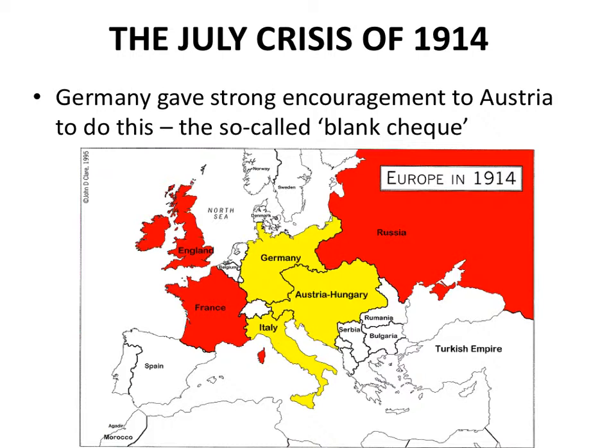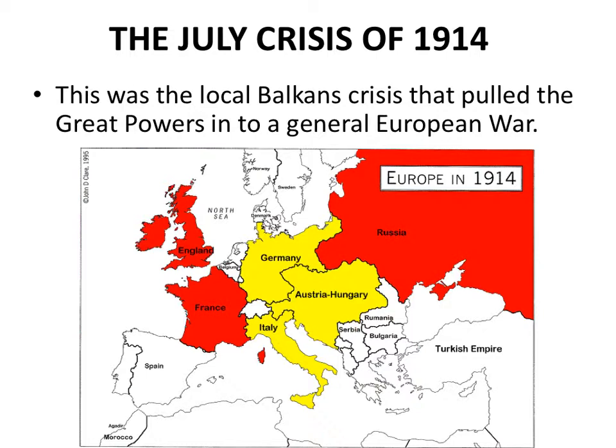The Austrians basically thought that if they went to war against Serbia, they would defeat Serbia, and that would expand Austrian territory into the Balkans. So it is no longer a local war, because Germany is involved as well. The local Balkans crisis is now effectively pulling the great powers into a general European war.